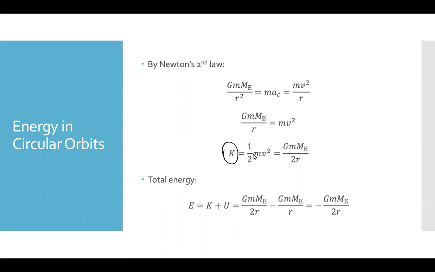Of course, energy is 1/2 mv squared, but now we can put it in terms of our gravitational constant. So we have G M m sub e over 2r.